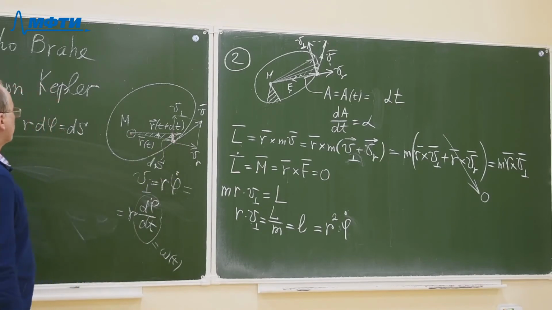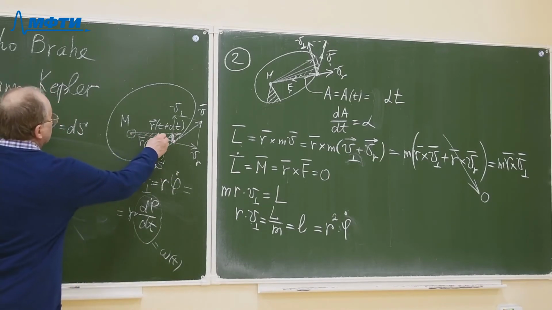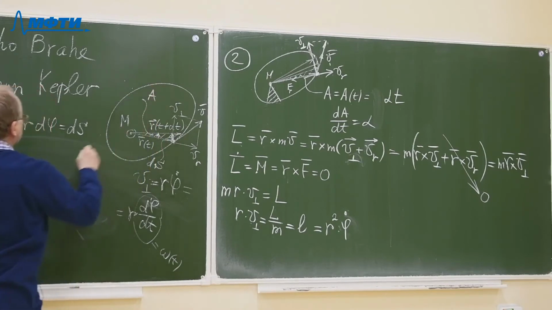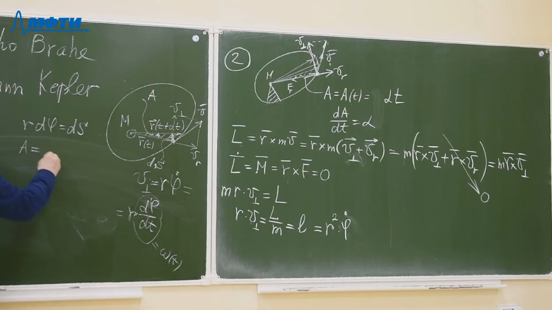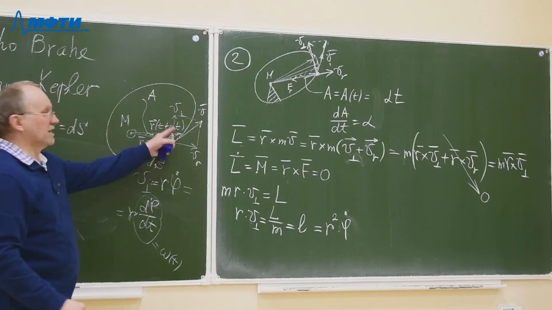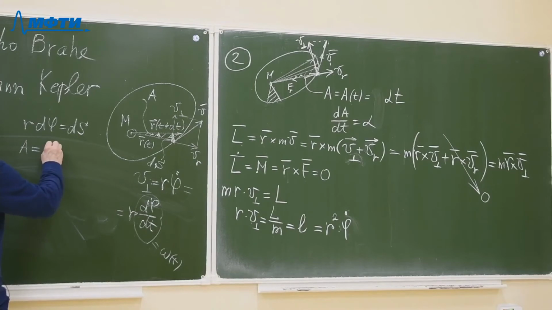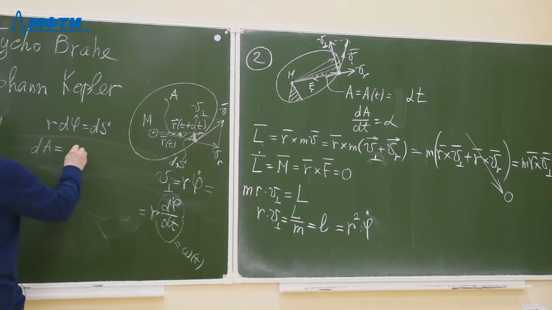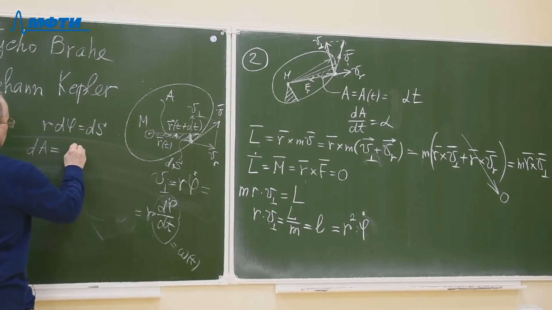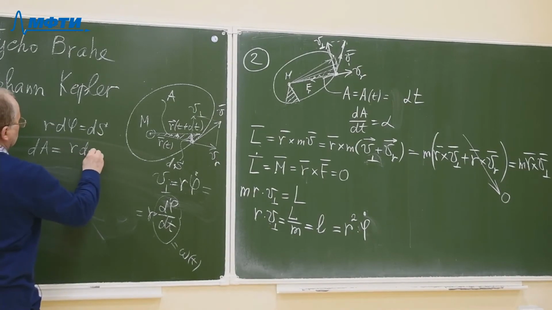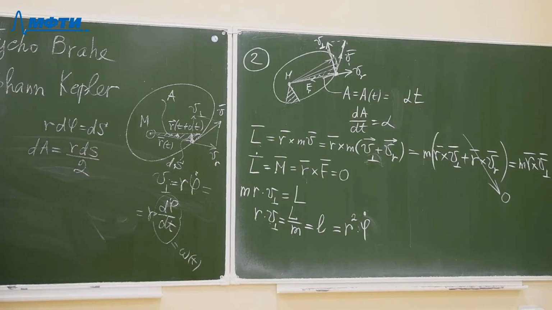perpendicular to the radius. And therefore the area of the dashed figure, as the area of a small triangle, will be equal to, so this is a small area, dA, it will be equal to radius ds divided by 2.